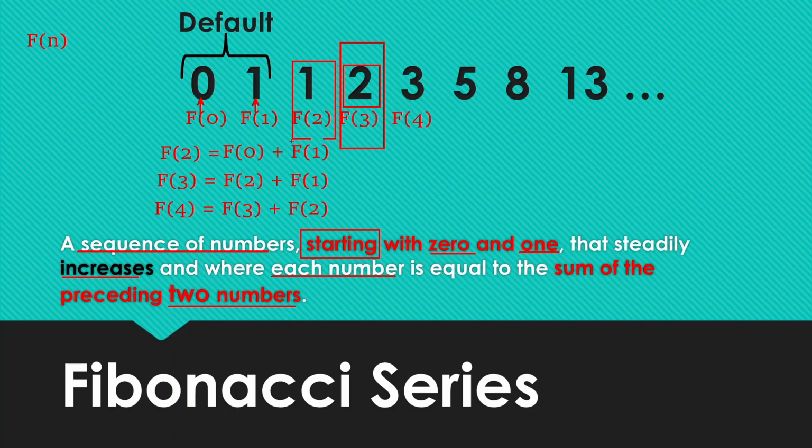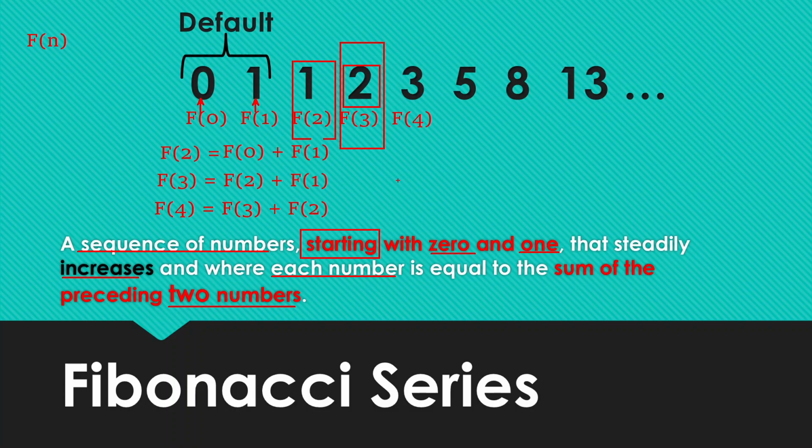I hope you can already get what we are looking for here. We are looking for the recursive function. This is exactly what we call the recursive function of a Fibonacci series or Fibonacci sequence.